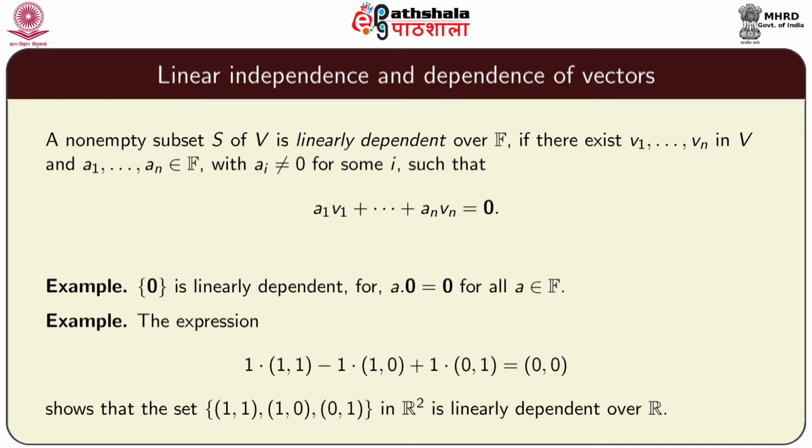That means there are finitely many vectors V1, V2, ..., Vn in V and scalars A1, A2, ..., An in F, such that the linear combination A1 V1 etcetera up to An Vn is equal to the 0 vector, but not all the scalars A1, A2, ..., An are 0. That means there is at least one Ai which is not 0. This is what linear dependence of a set is.